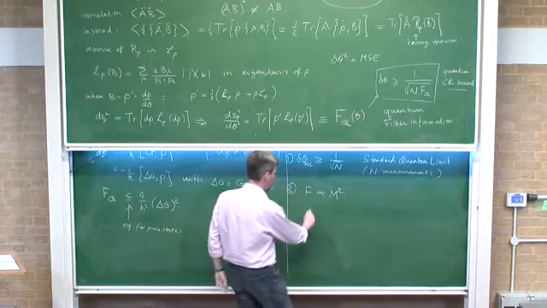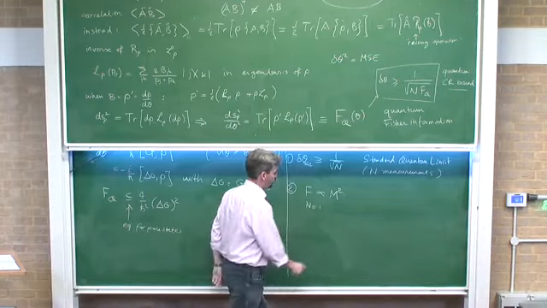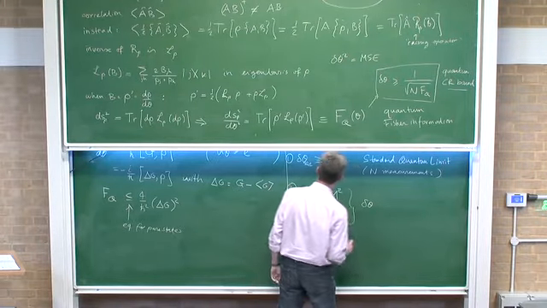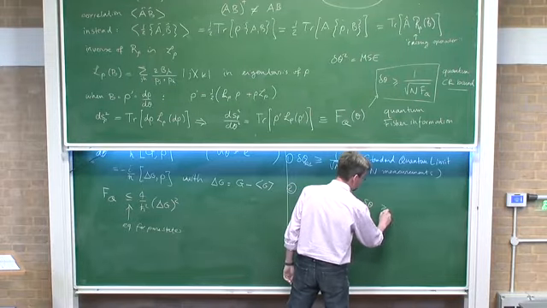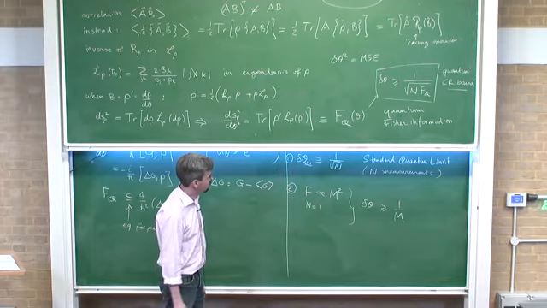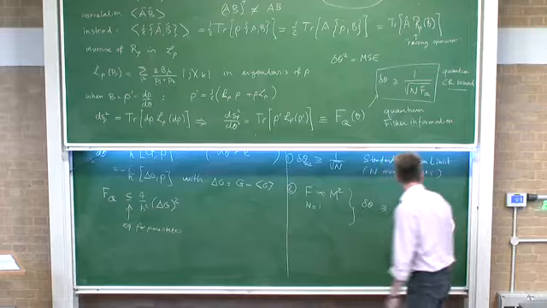And n equals 1. And then what we find is that delta theta is greater or equal than 1 over M. Yeah? And this is called the Heisenberg limit.